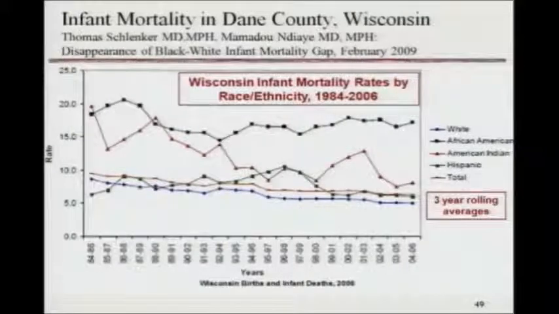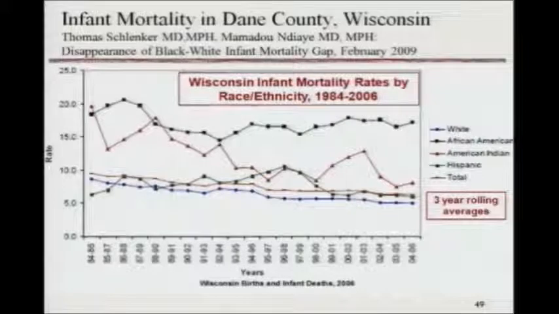I was telling the Wisconsin people, I like to use the Dane County example. Does everybody here know about Dane County, which is where Madison is? We'll just go through this briefly. I really like this example because there's been really good epi work there. There was a lot of mainstream media press about this because it looked like Dane County had seen real improvement in black infant mortality rates, so that the black-white disparity was disappearing.